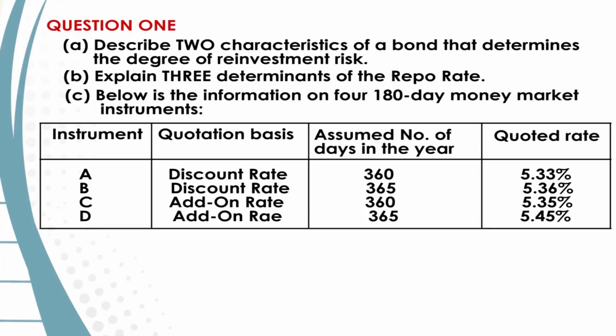Then in this table, candidates, we have two quotation bases. One is the discount rate and the other is the add-on rate.